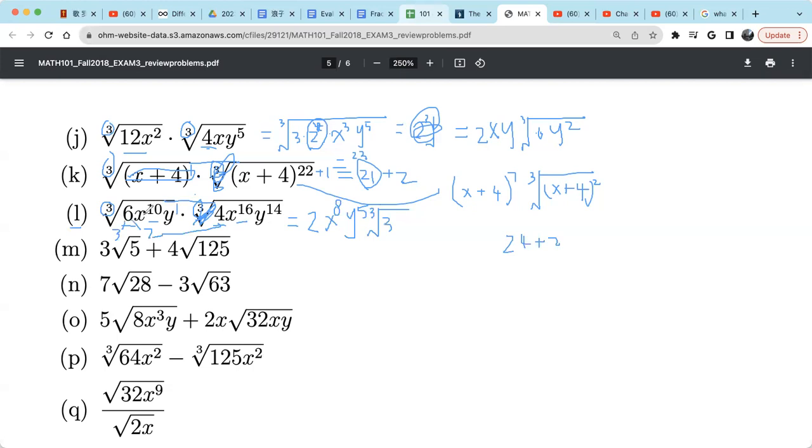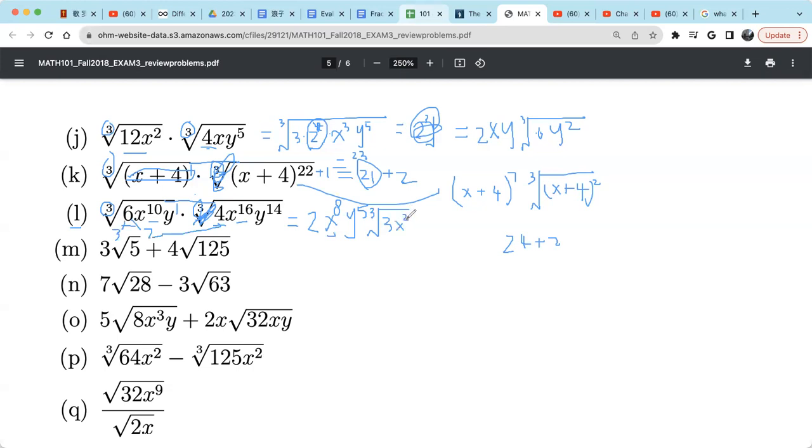And x, we have x raised by 10, x raised by 16, so x raised by 26. We only want 24, right? X raised by 24. 24 divided by 3, that's x raised by 8. But we have 26, so we still have x squared inside.